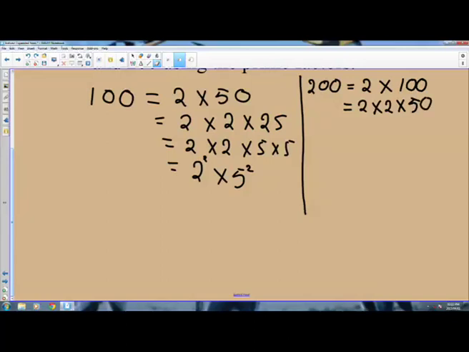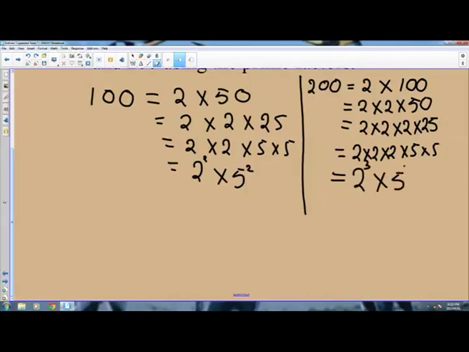And then this will be 2 times 2 times 2 times 25. This is 2 times 2 times 2 times 5 times 5. And when we write this in index form, it becomes 2 to the power 3 times 5 to the power 2.